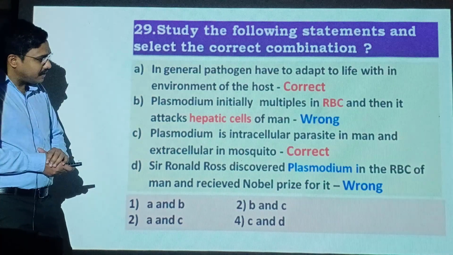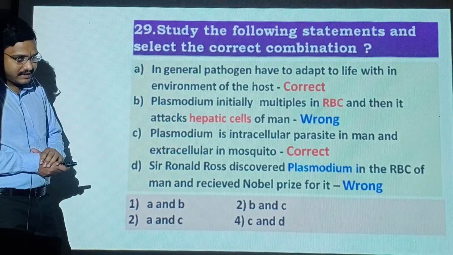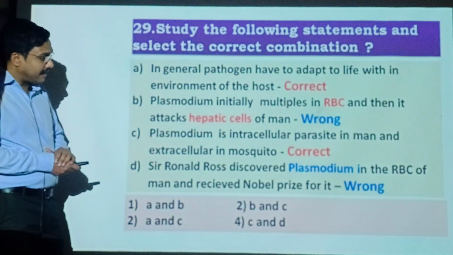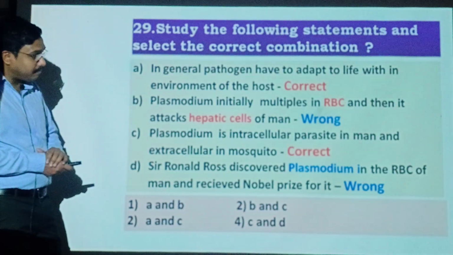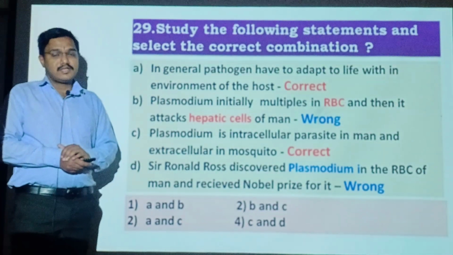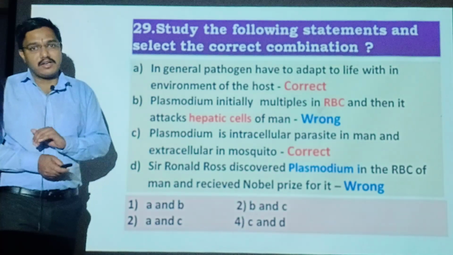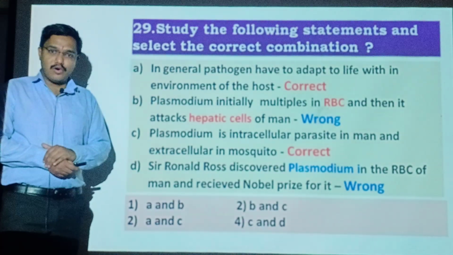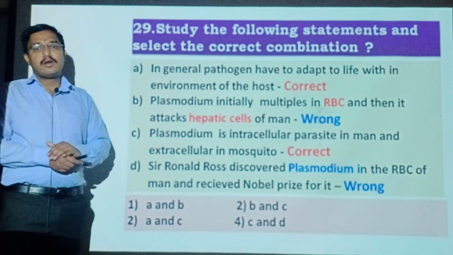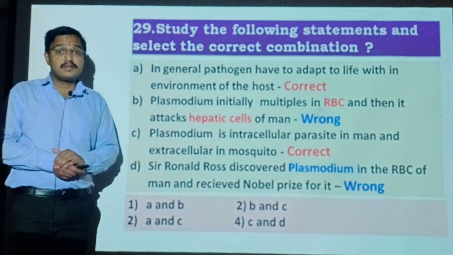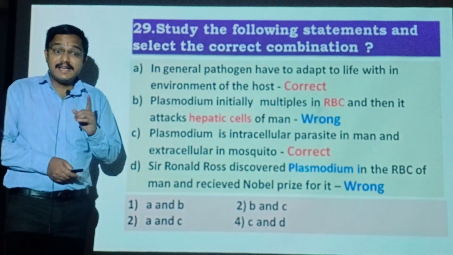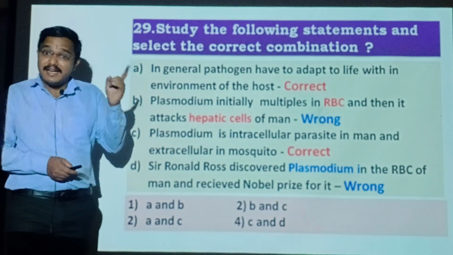Plasmodium initially multiplies in RBC and then it attacks hepatic cells of man. This statement is wrong because as we know, Plasmodium first multiplies in liver cells, then in RBC.